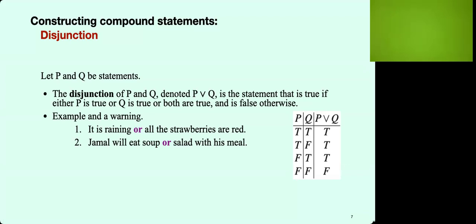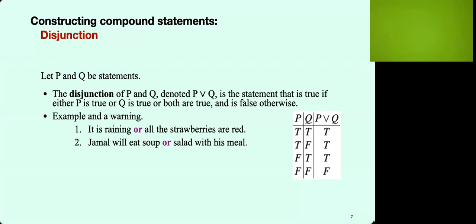The second statement here is a warning. Jamal will eat soup or salad with his meal. So I've worked as a waitress before, and I asked people, would you like soup or salad with your meal? And when I'm asking them that, it is implied in most restaurants at least, that the person gets to choose one, either soup or salad. But if this is a mathematical definition of or, then it could be the case that Jamal could rightfully reply, yes, I'll have both.